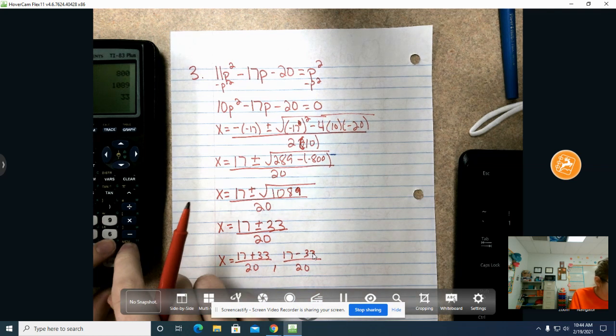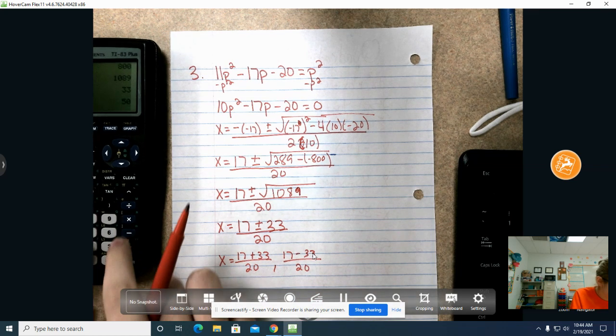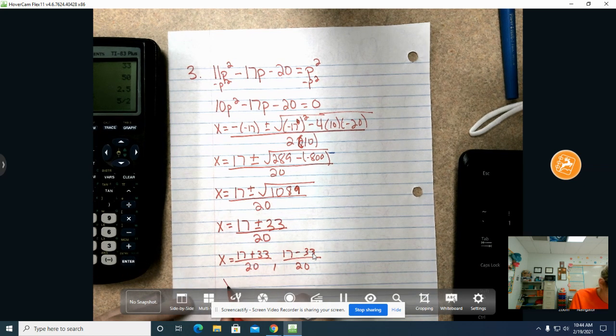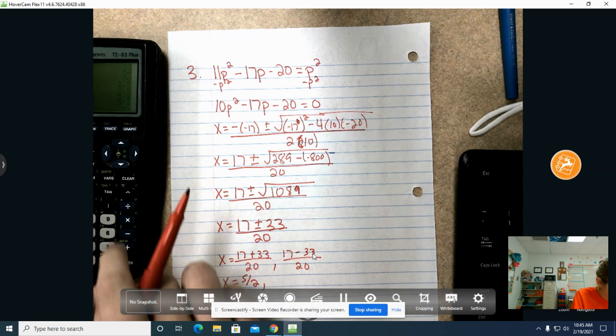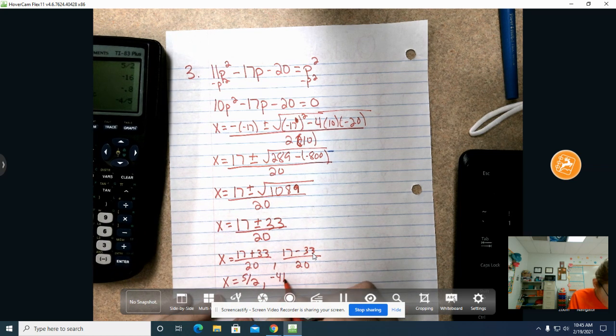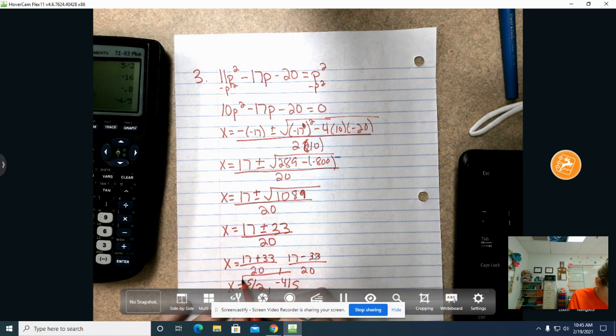And you always want them in simplest form. So we are going to simplify that, and it's going to be x equals 5 over 2. And then using our calculator, we're going to get negative 4/5. And this would be your final answer.